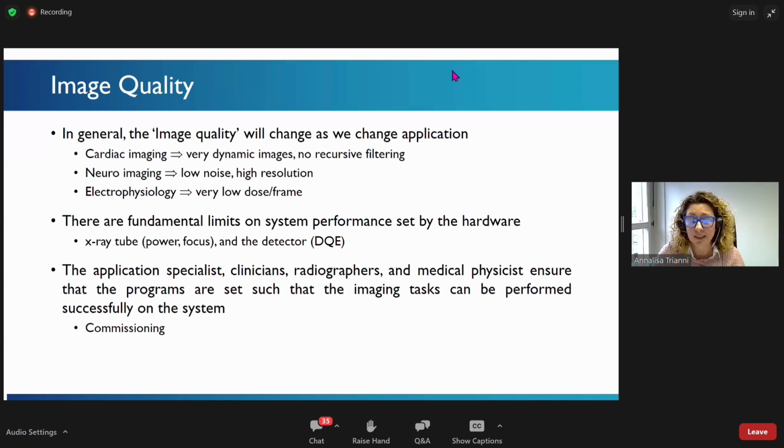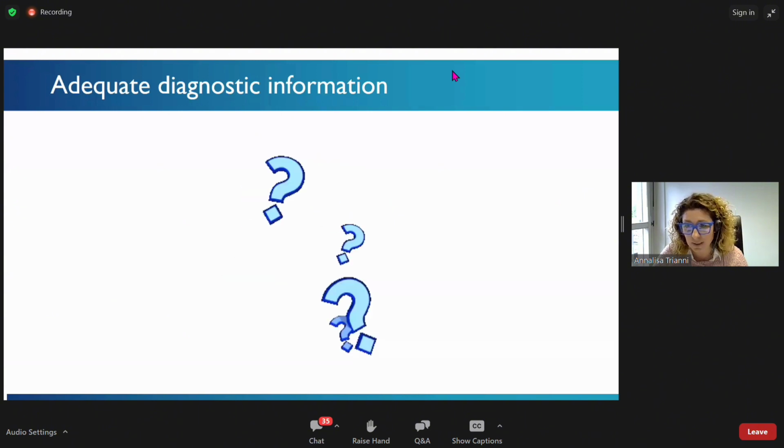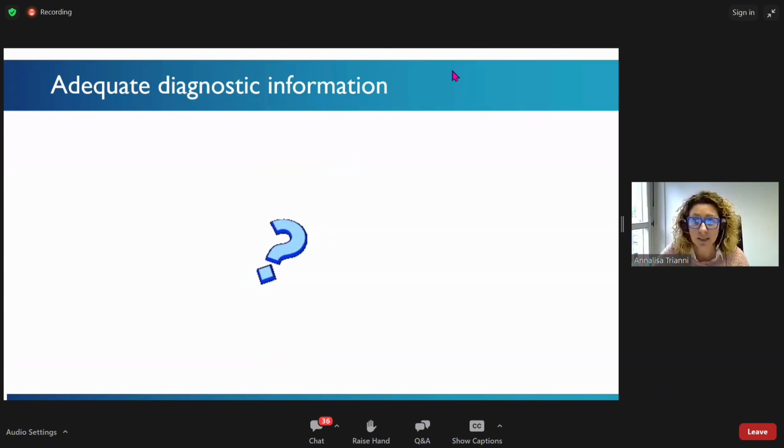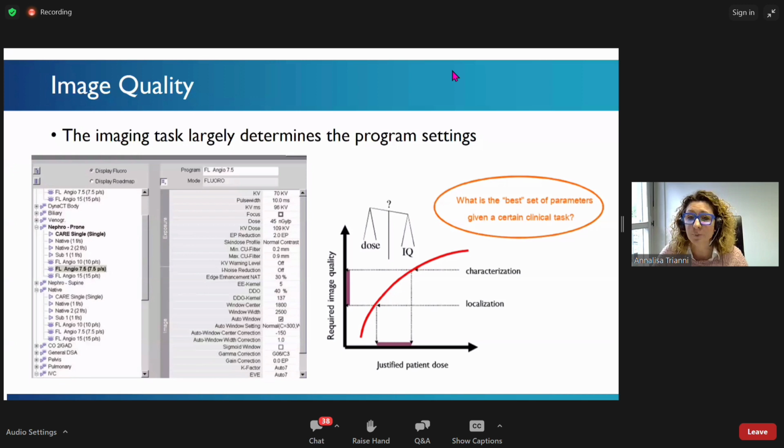The European directive talks about adequate diagnostic information, but it's not always straightforward to define what adequate diagnostic information is. The image quality depends largely on tasks, as we said, and the imaging task determines how the settings, the programs, are set. But what is the best set of parameters given a certain clinical task?